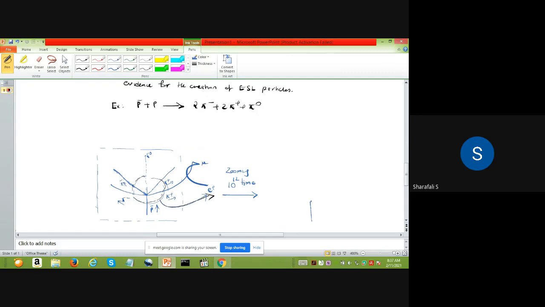So these initial pions will be forming like this, and this is your pi minus. So these are straight lines.